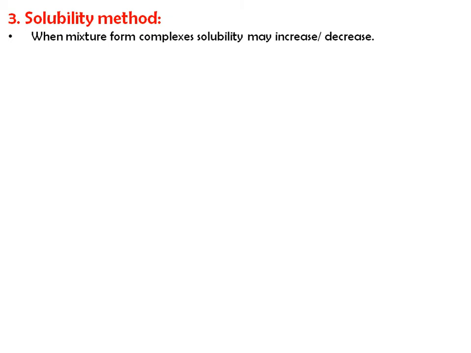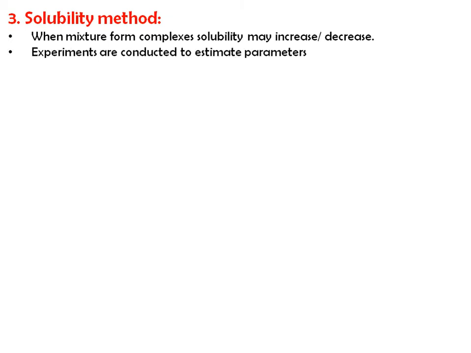When a mixture forms a complex, solubility may increase or decrease. Okay, means that the complex that will be formed will have more solubility than the individual drug or less solubility than the individual drug before complexation.